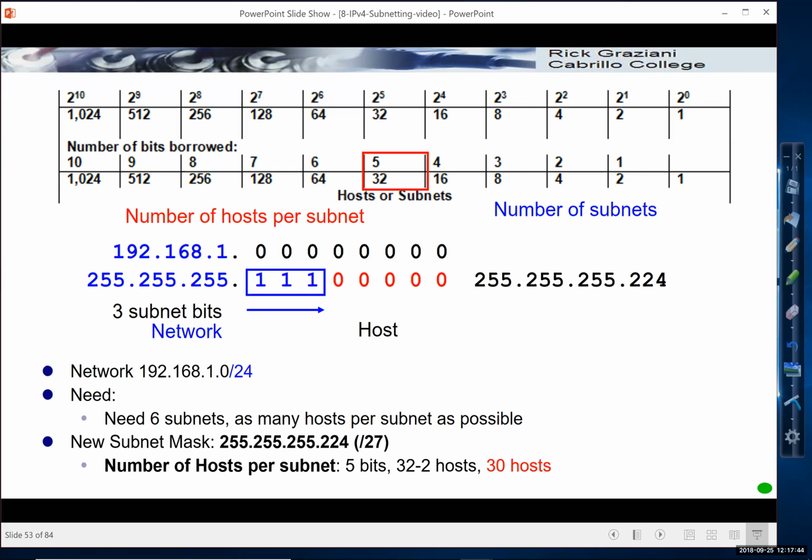What does that leave for the hosts? I have 5 host bits. 5 host bits gives me 32 minus 2, or 30 usable hosts per subnet. So we have 3 subnet bits, 8 subnets, each one with 30 usable hosts.